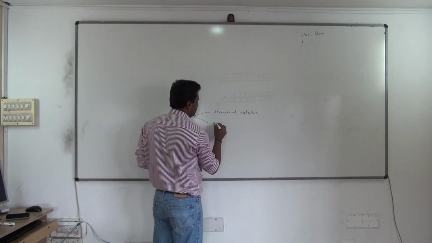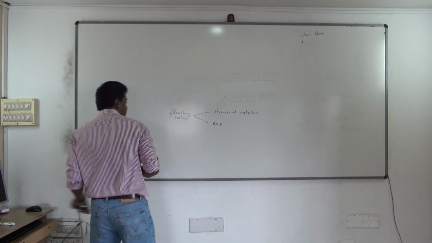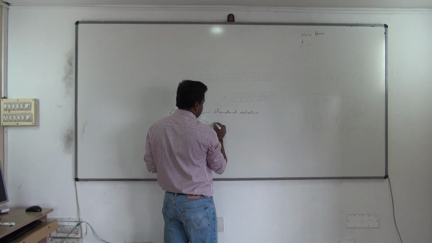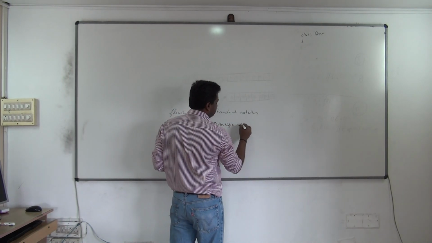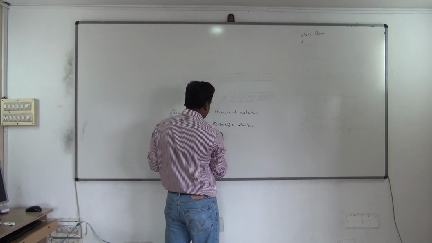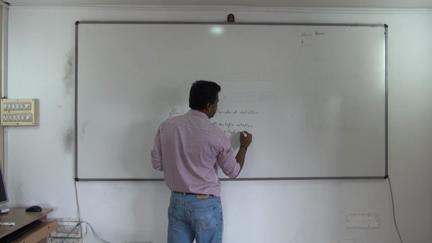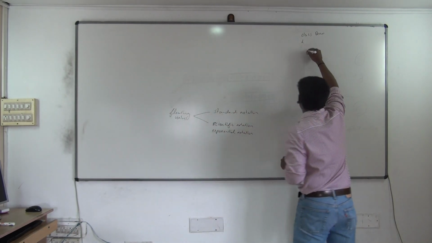Standard notation, scientific notation or exponential notation. I told it correctly only, but one second, I'll just write. Scientific notation or exponential notation. Standard notation, I told it correct, no issues about that.